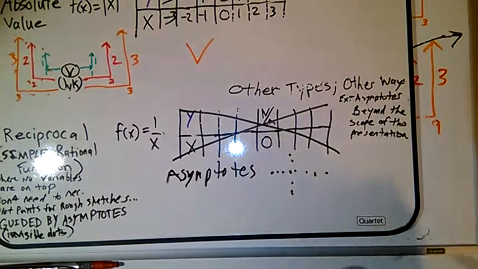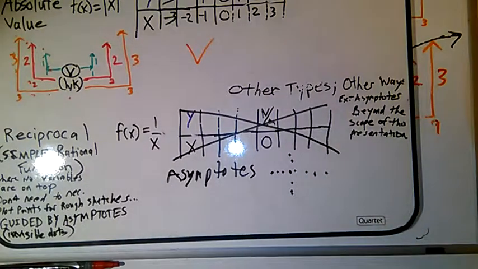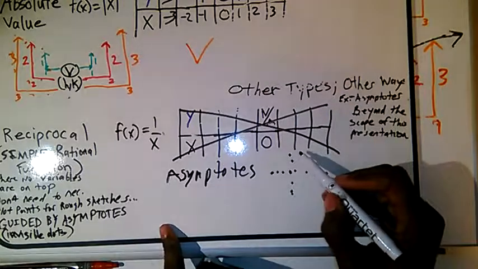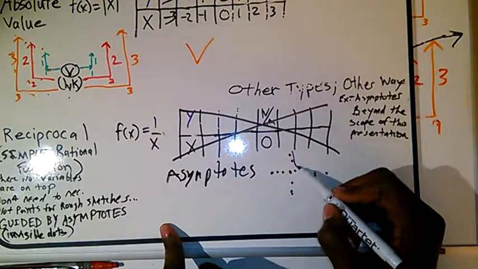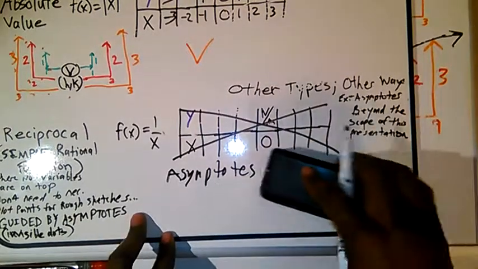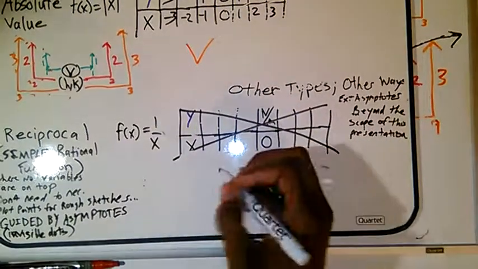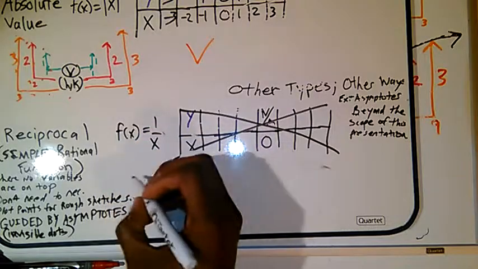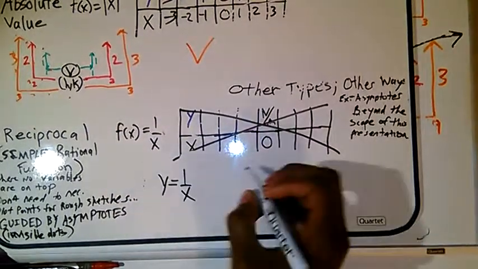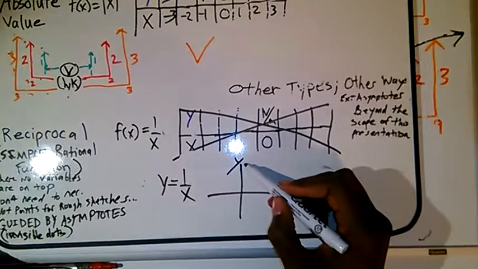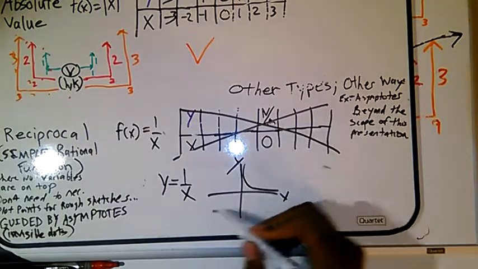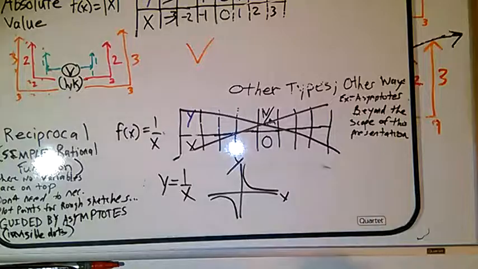When you're graphing it, the graph follows the dots, but they don't actually touch it. So the graph of this function y equals 1 over x looks like this. That's the x-axis. That's the y-axis. It generally looks something like this. That's something you have to remember.